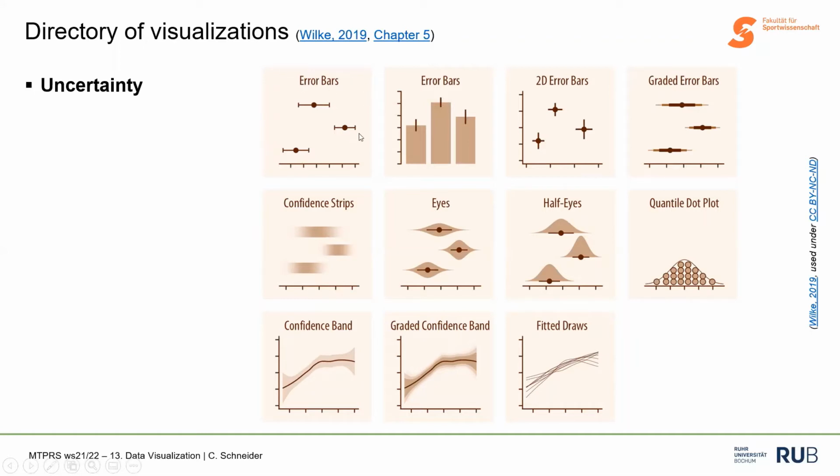If we have mean values, for example, and we show the uncertainty in terms of an error bar around this, we can plot error bars on dots, on bars. We can plot error bars in both directions if we have two variables, for example. We can show different ways of confidence intervals, for example, or we could use different ways of displaying distribution.